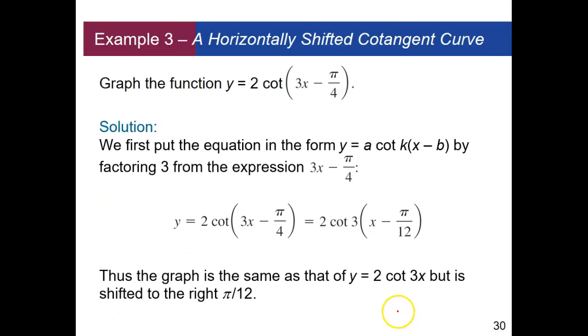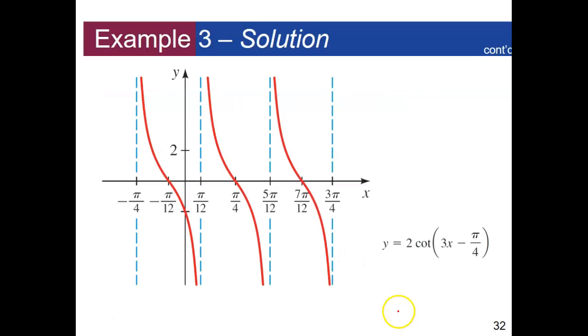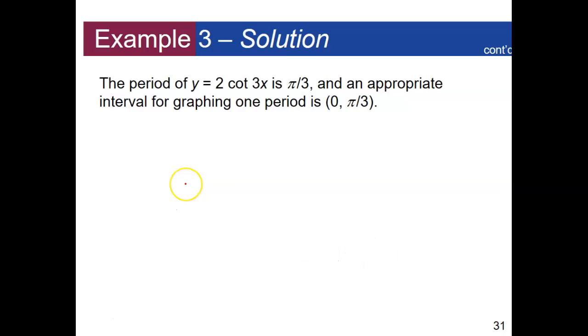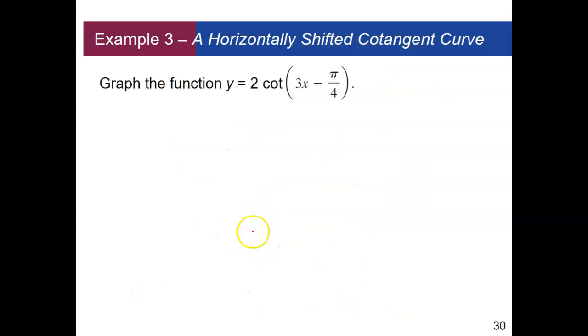Okay, so here's kind of an explanation from the book. And if we look at the graph itself, here's the graph itself. So cotangent, we know, decreases from left to right, so we get that decrease. Our normal period of this would have originally been 0 to pi, but because of the 3, it would have been 0 to pi over 3.